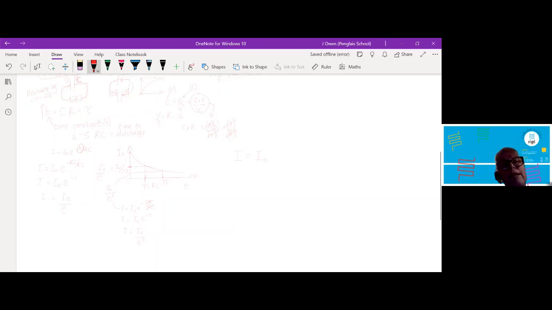So if you can understand it here, you can apply it elsewhere. I equals I naught e to the minus t over RC, and V equals V naught, the original PD across the plates, e to the minus t over RC, and also Q equals Q naught e to the minus t over RC.